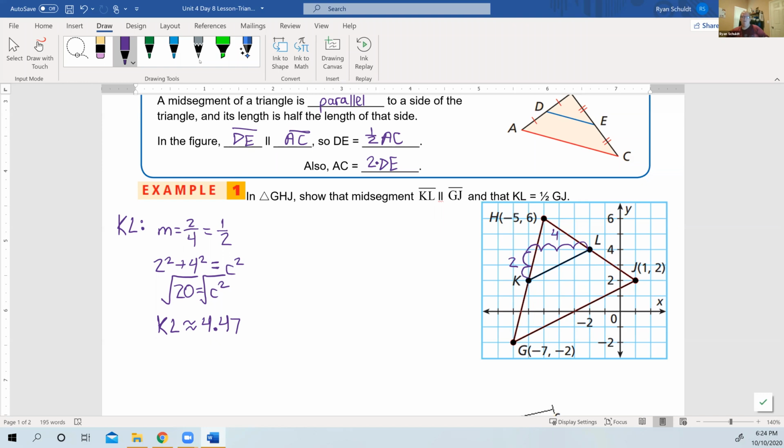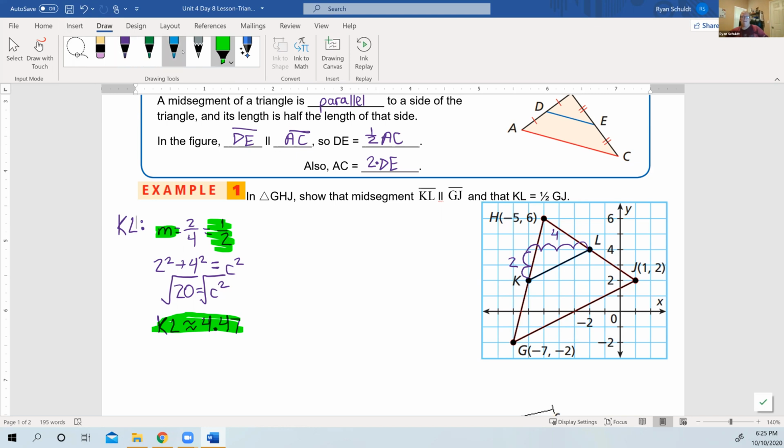For KL, we know the slope is 1/2. The distance is 4.47. That's what we know about KL.